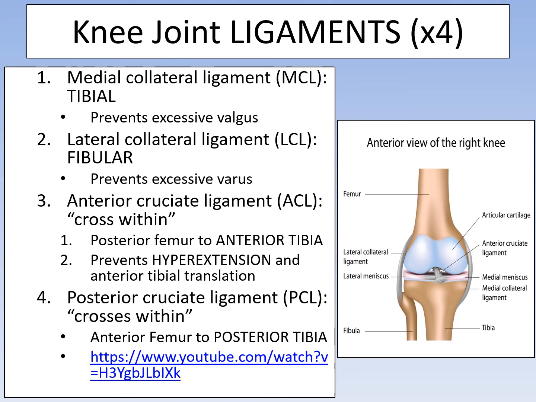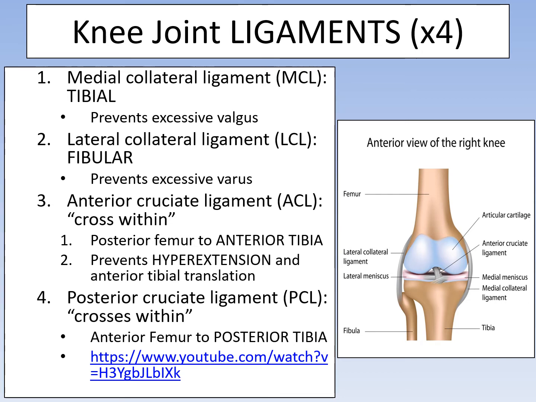The anterior and posterior cruciate ligaments cross within the joint. So they have an origin on the femur, and then they will also have an attachment on the tibia. They are named for their attachment on the tibia.